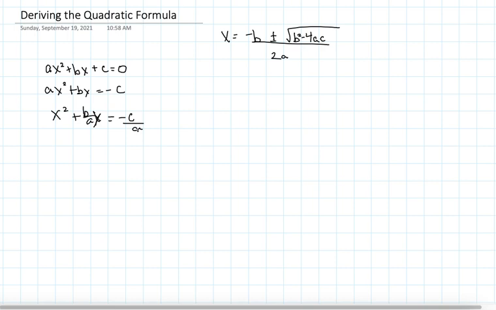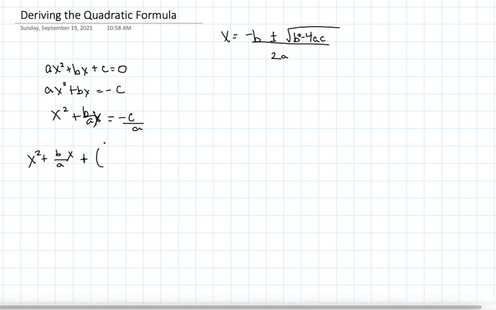Our next step then is just to add half of b squared to both sides. So half of b would be b over 2a. So we'll just take that quantity squared. So I'm going to write x squared plus b over a x plus, it's been a while since I've used this writing tool.